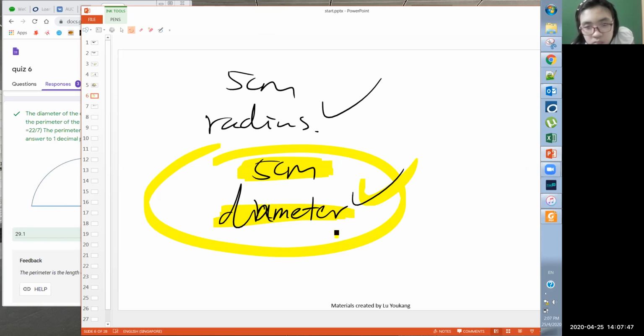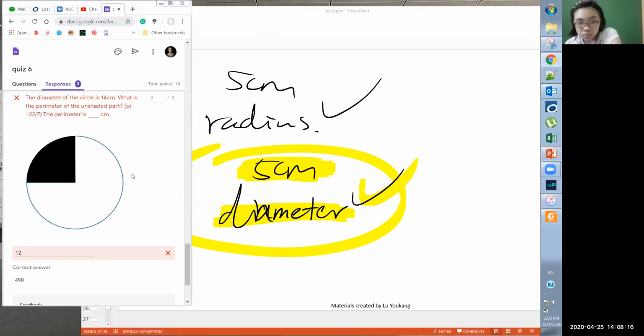When you write diameter here, on top is 5 cm, so that means the 5 cm is the diameter. How can you tell me the radius is 5 cm? Can you stop this craziness? Okay. Move on.